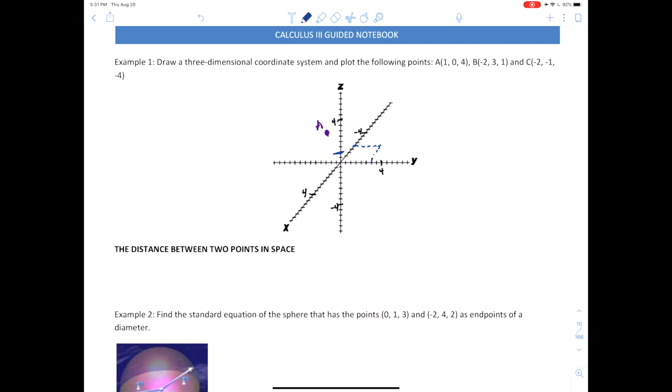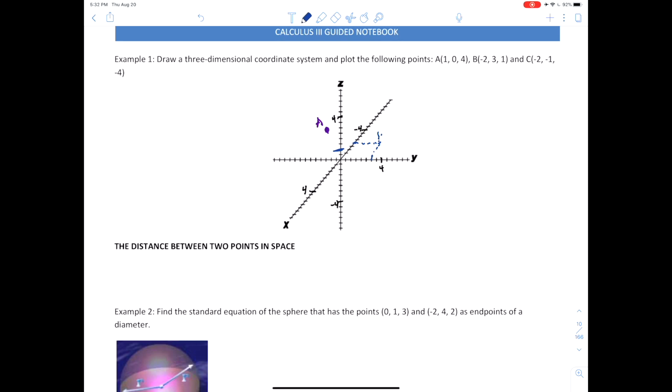So we need to go up to about here, and we should have it, because it's going to be going up about that 1, so it'll be about there. That's our B.